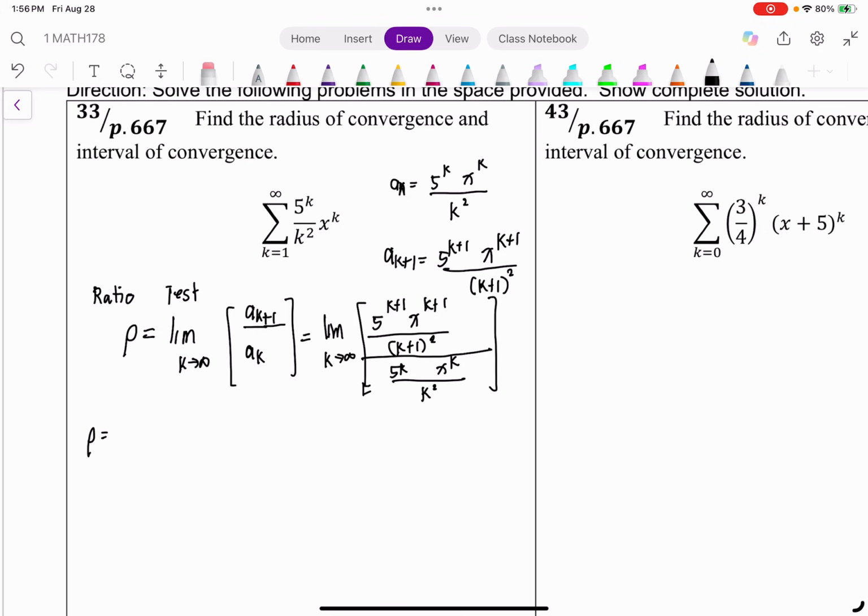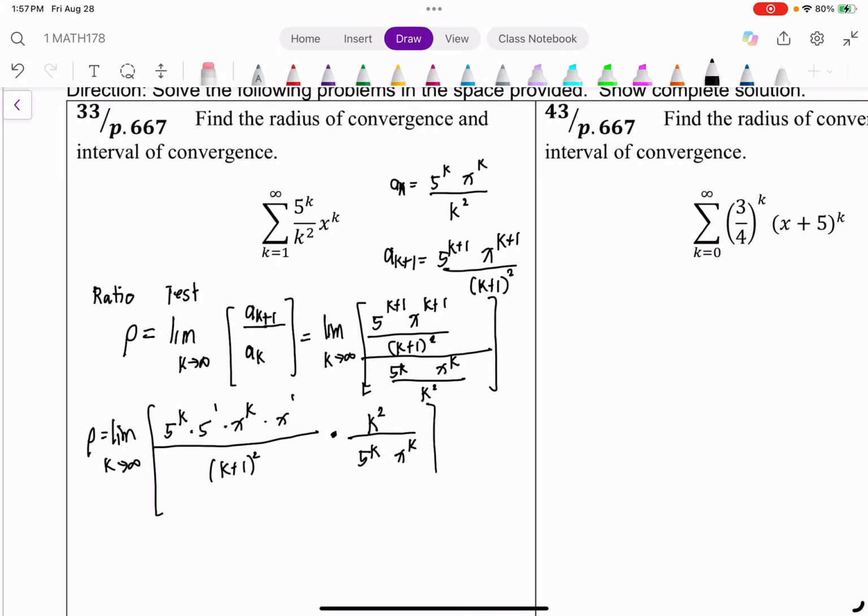So your ρ is equal to the limit as k approaches infinity for 5 raised to k plus 1, which is the same as 5 raised to k times 5. X raised to k plus 1 is x raised to k times x raised to 1, all over k plus 1 squared. We're going to multiply this by the reciprocal of the denominator, k squared over 5 raised to k times x raised to k.